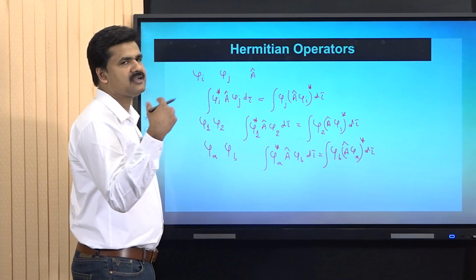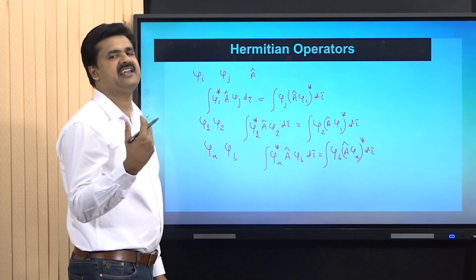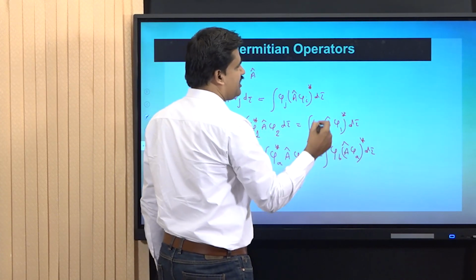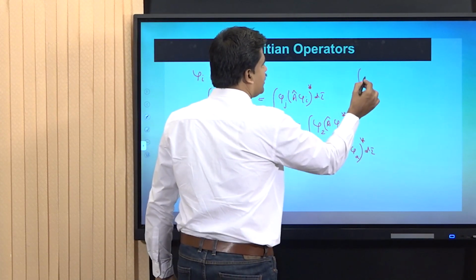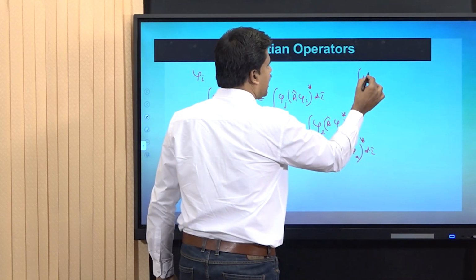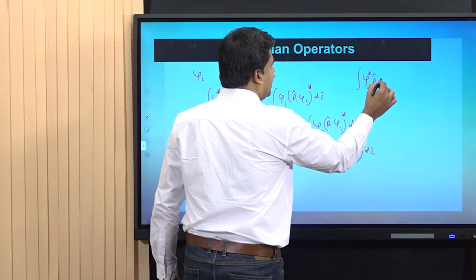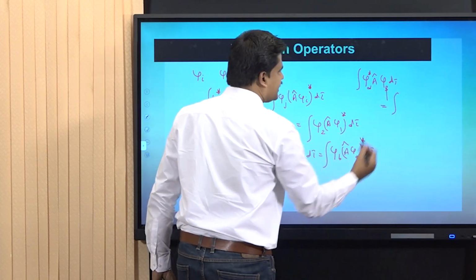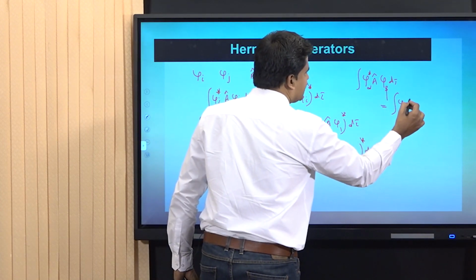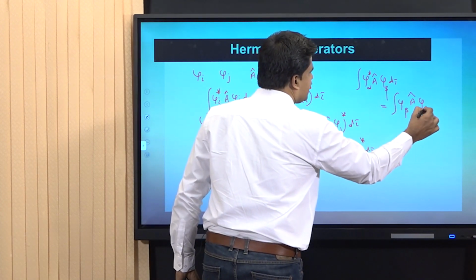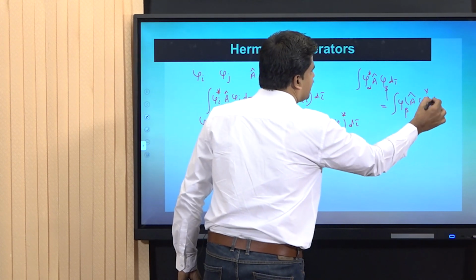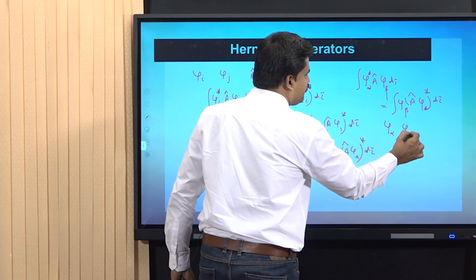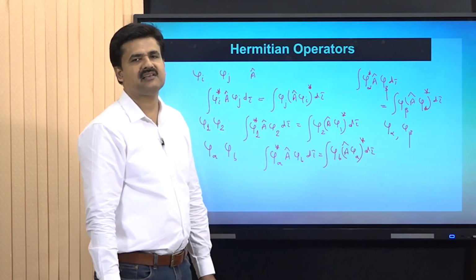Finally, I can take two more functions, psi alpha and psi beta. Then the condition for Hermitian nature is like this: integral, the first wave function psi alpha star A hat psi beta d tau is equal to integral psi beta A hat psi alpha, the whole star, d tau, where psi alpha and psi beta are two arbitrary functions.